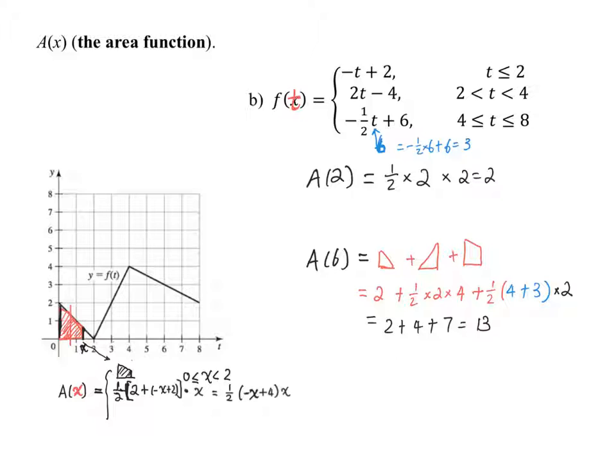Now what if x is not here? What if x is somewhere to the right of 2? So say somewhere here, right? What if x is somewhere here? Or what if x is somewhere here? Now take a look at this.